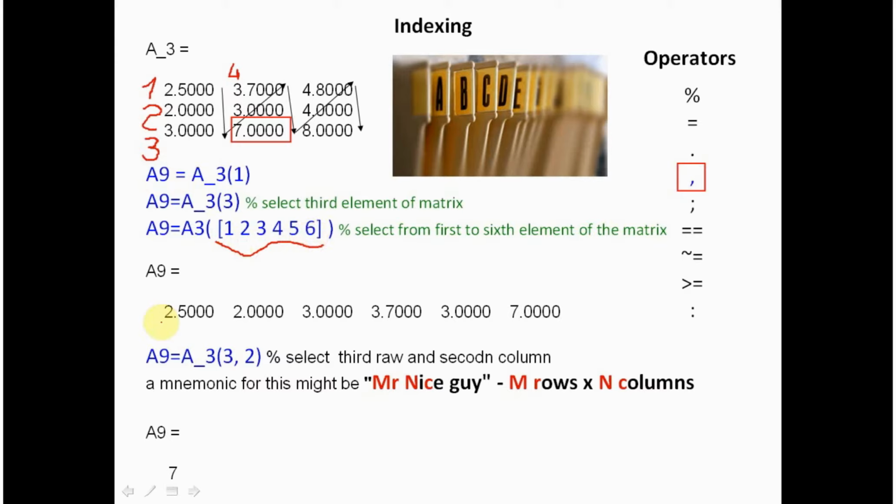The outcome should be precisely those 6 elements: first, second, third, fourth, fifth, and sixth. You see, they are ordered differently. Now it is a line, it is an array. But they are all taken from this original matrix.